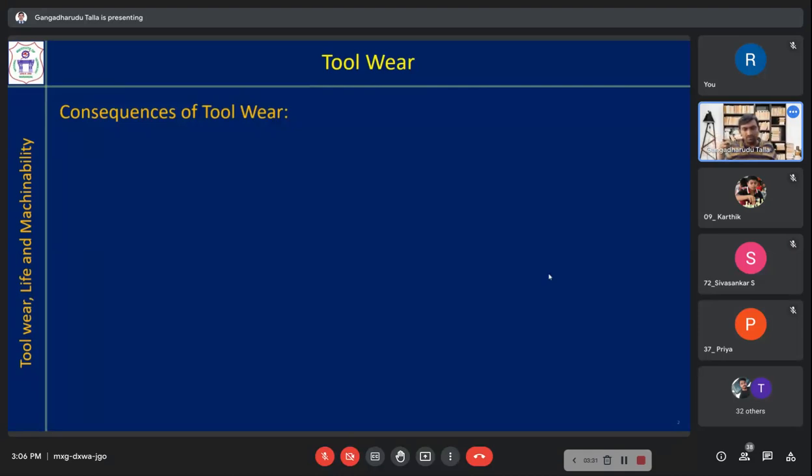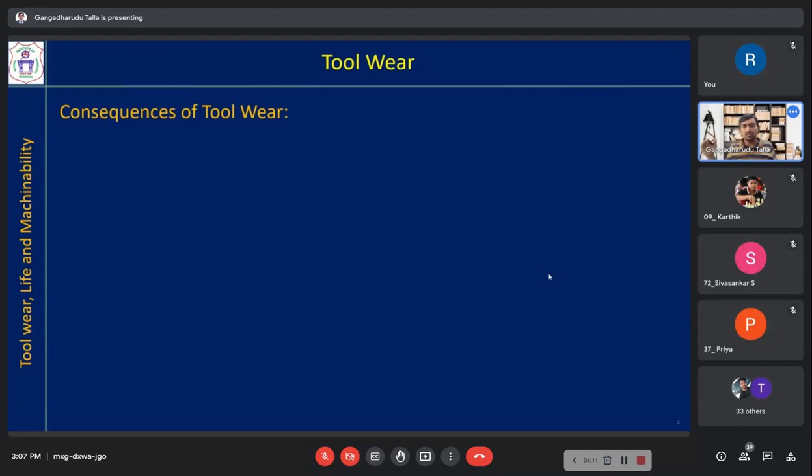The tool will invariably fail after some time, but we want the tool to fail gradually, due to wear, not because of sudden breakage or sudden bending. So the tool wears gradually, and after some time the tool may become blunt, or it may become very weak and will not give the required dimensions for the given parameters.